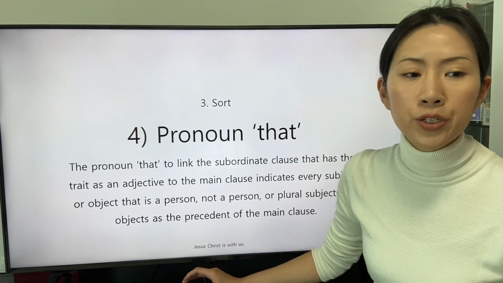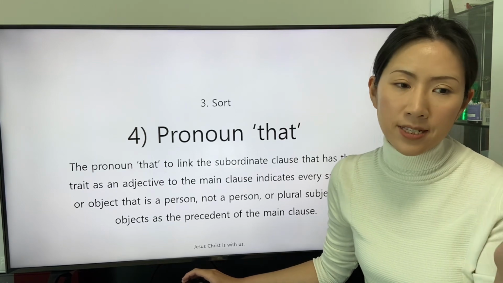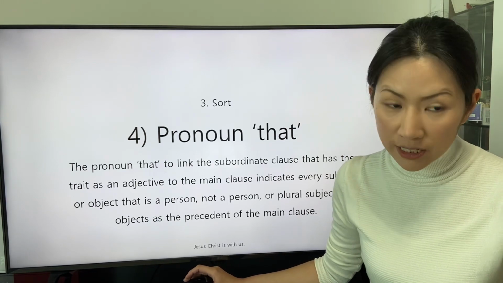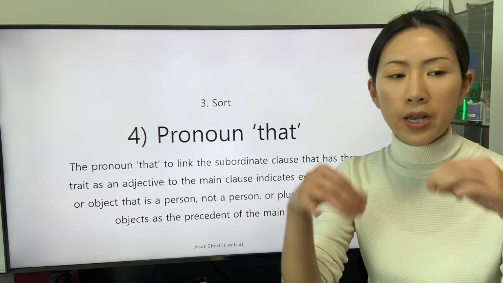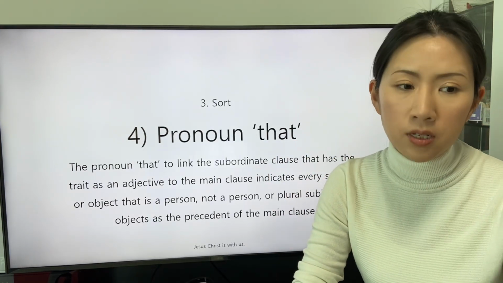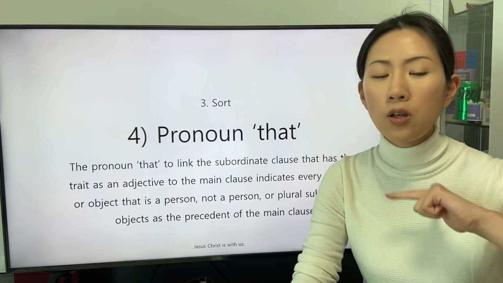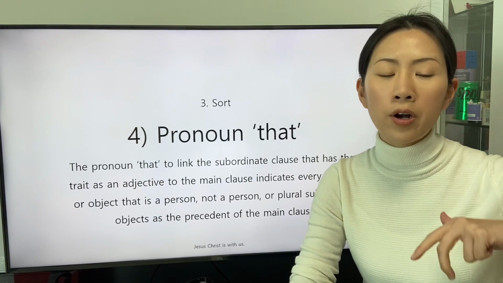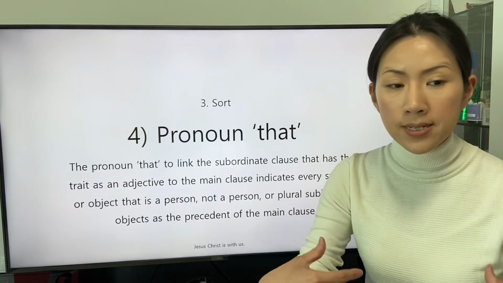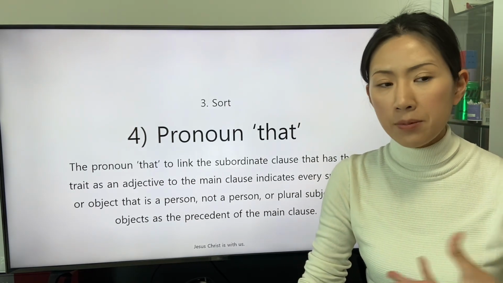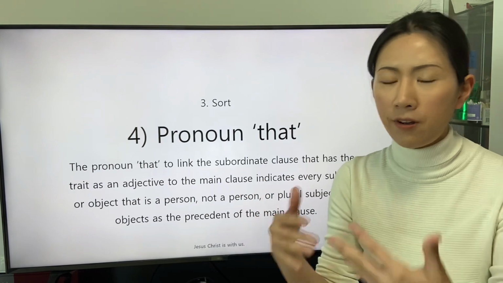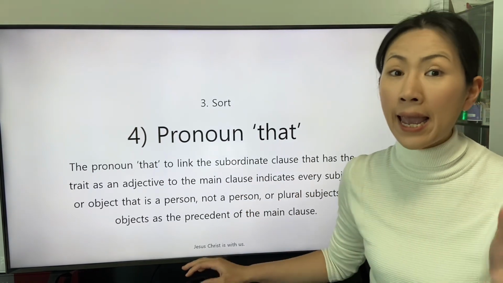The pronoun that to link the subordinate clause that has the trait as an adjective to the main clause indicates every subject or object that is a person, not a person, or plural subject or object as the precedent of the main clause. The pronoun that is able to indicate every kind of subject or object.